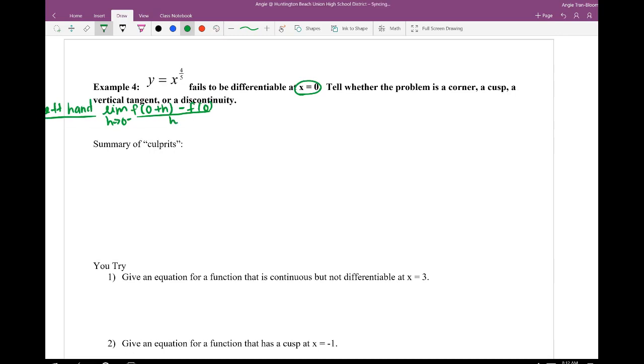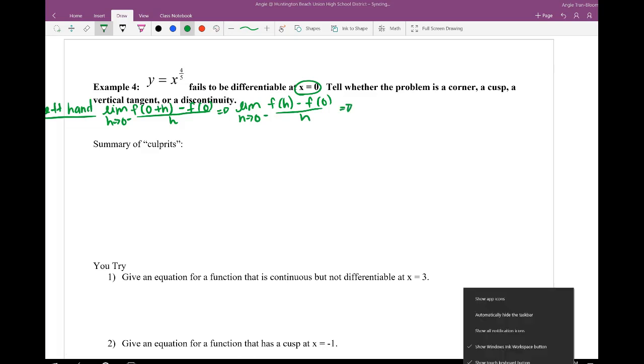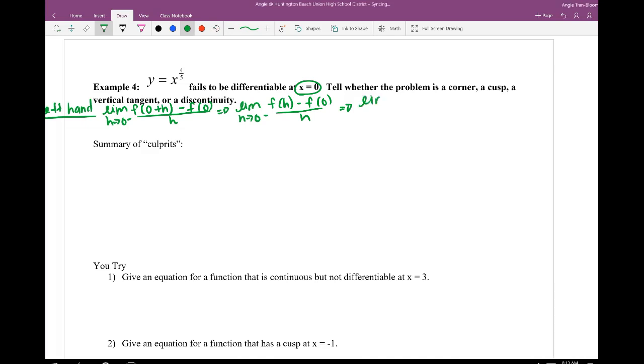Then from here, we're going to do this one step at a time. Then f of 0 plus h is just now f of h, take away f of 0 all over h. Then from here, we have 0 raised to any power is going to be 0. So it's really the limit as h approaches 0 from the left of f of h.